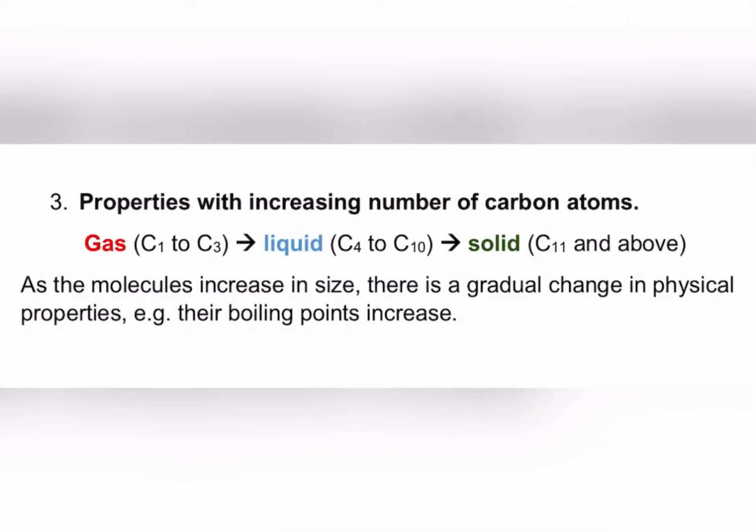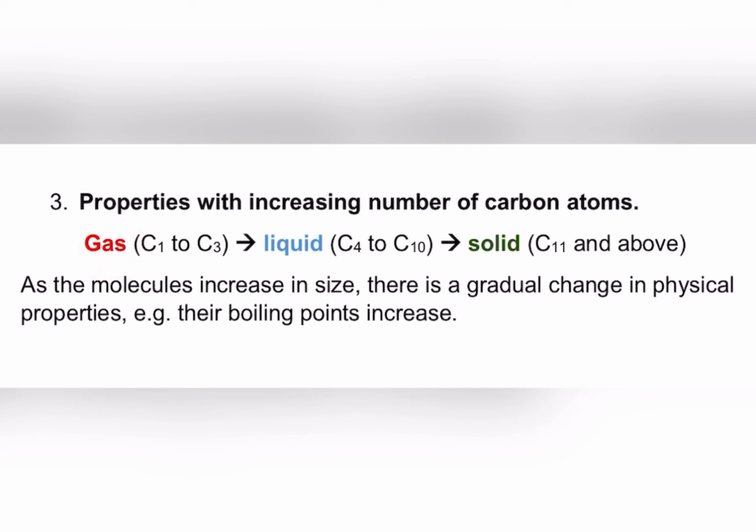Next, we have properties that change with an increasing number of carbon atoms for homologs. For example, you will have different physical properties for compounds with 1 carbon atom to 3 carbon atoms. The state of those compounds will be gas.